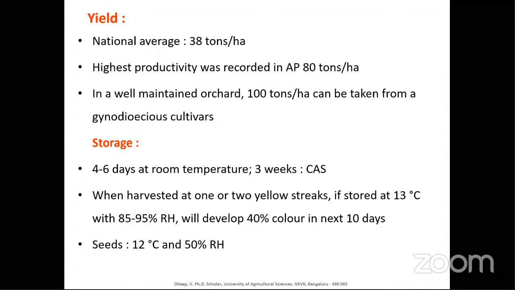When the fruits are harvested at the color break or 1 or 2 streak stage and stored at 13 degrees Celsius with 85 to 95% RH, they will develop 40% color in the next 10 days. So at 13 degrees Celsius the shelf life is prolonged, and the seeds are stored at 12 degrees Celsius with 50% RH.